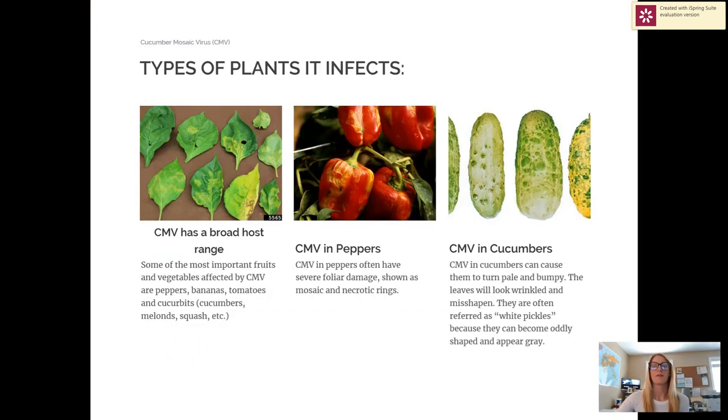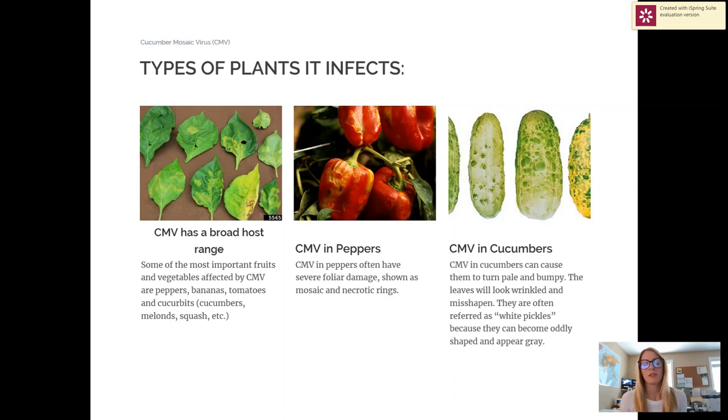Types of plants it infects. The Cucumber Mosaic Virus was named for the first plant it attacked, which was obviously a cucumber. It causes a lot of deaths among herbaceous and woody plant species as well. Ornamental plants tend to be among the largest number of victims, and this includes tulips, petunias, lilies, bamboo, and other herbaceous or woody plants.